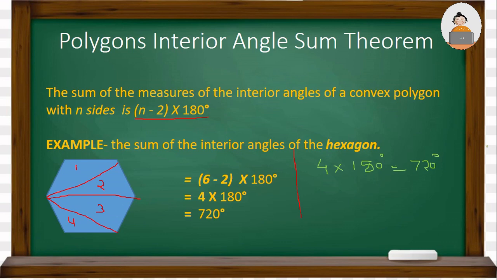And if I talk about this theorem, which states that the sum of the measures of the interior angles is given by n minus 2 into 180 degree, n is the number of sides of this hexagon, so I have written 6 minus 2 into 180 degree, which is 4 into 180 degree, and lastly 720 will give you the resultant answer.